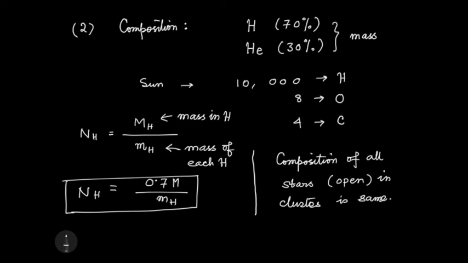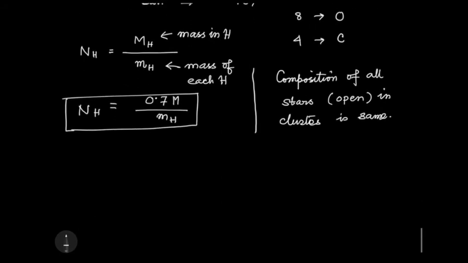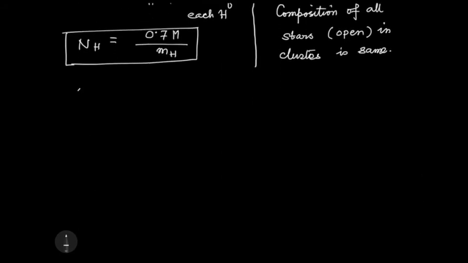That is an assumption that we are going to take. The composition is the same for all these stars. It's not quite true if you are looking at an older cluster, but for a newer cluster it is almost always true because they are formed from the same interstellar cloud.